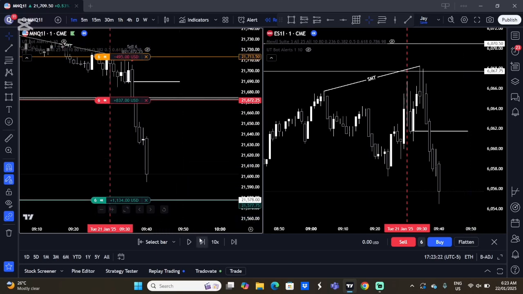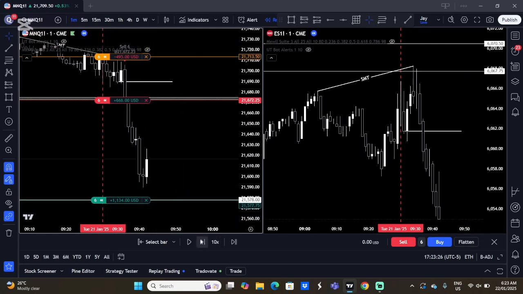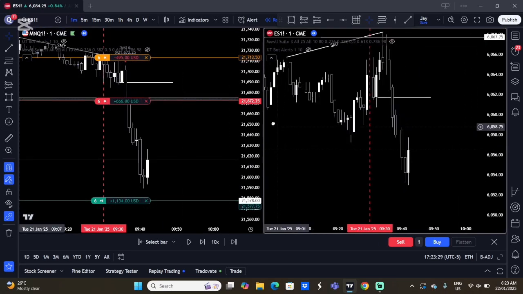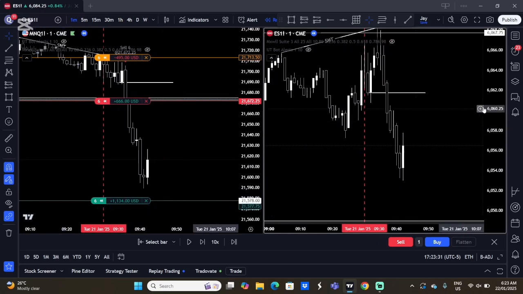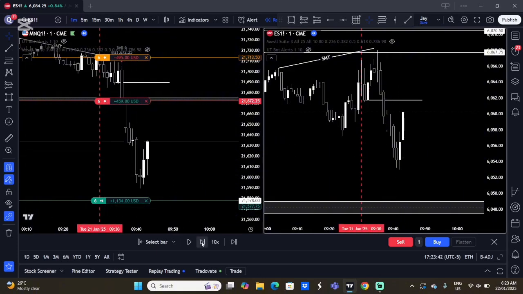Sorry, no, input a high. Input a high. So we come down. Both indexes have lower lows at the moment. We're real close to TP. But as you can see here, low here, low here. Same with low here, or back here, low here, and low here. Lower low, so this is not an SMT.